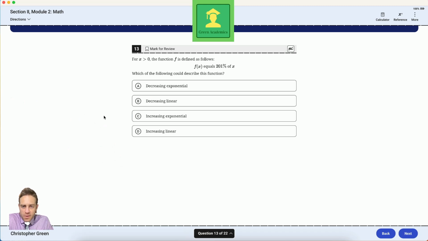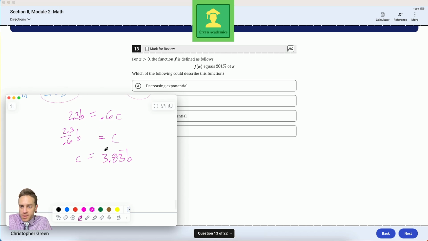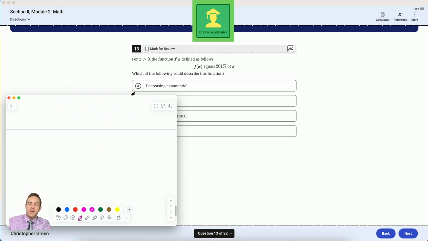For x greater than 0, the function f is defined as follows. F of x equals 201% of x. A lot of people get tripped up on this one. A lot of people see percent and they assume it's exponential, but it's actually not. This is actually very simple. F of x equals 201% of x.